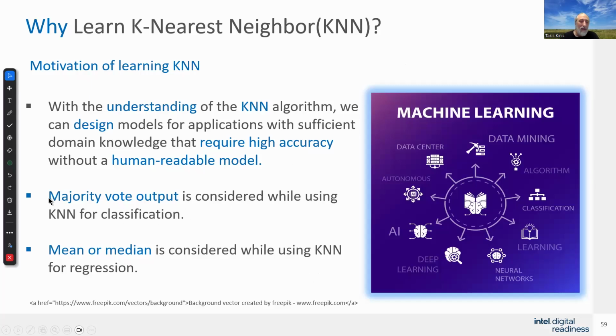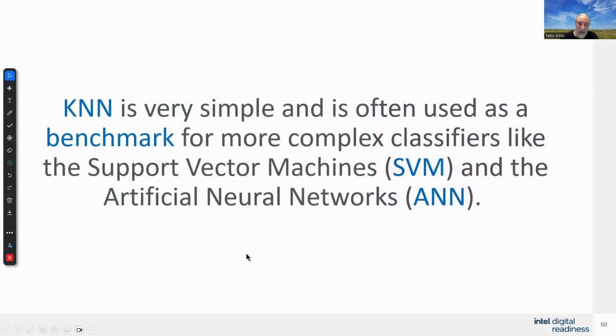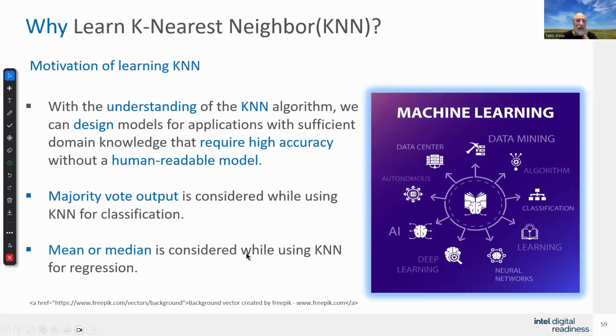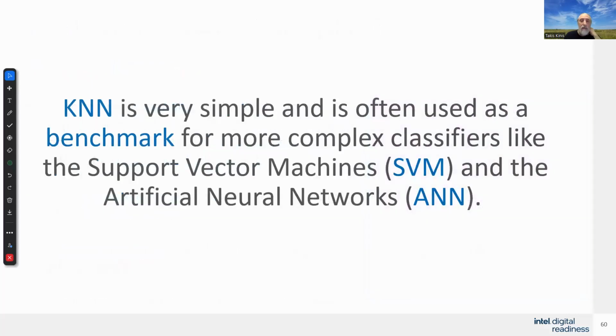The majority output, oops, I didn't mean to click there, is considered for classification, and we'll get some examples of that. And we did that with the red and the green, if you remember before, and why we choose an odd number. And then we also do look at the mean and the median while we're doing this for regression purposes, basically. Right?